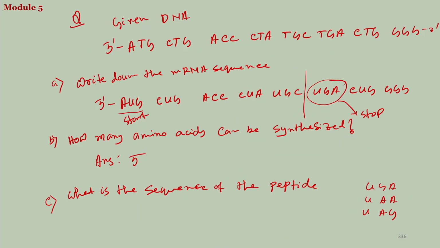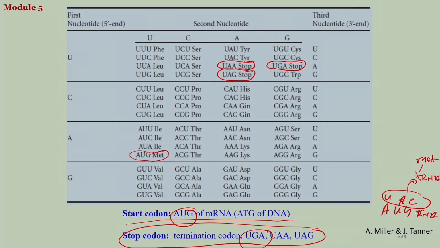From here you can find out. So I will just write down because I have calculated it. From the N-terminal end, the first one is methionine, because it is a start. CUG, let us find out very quickly. CUG, it is a leucine.